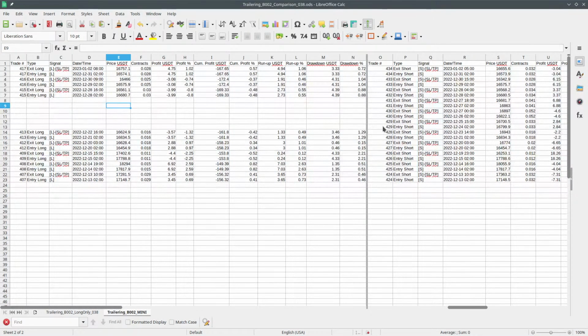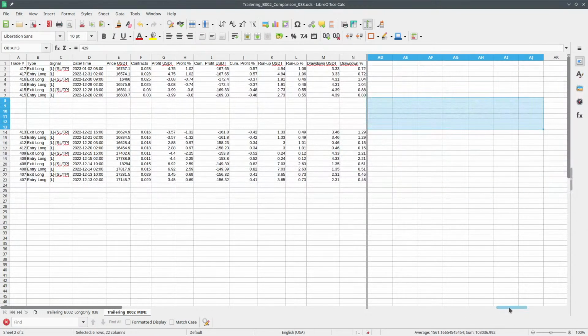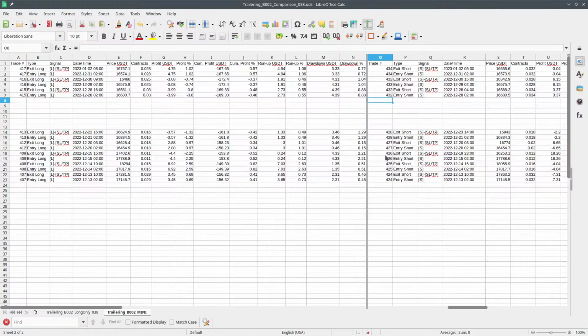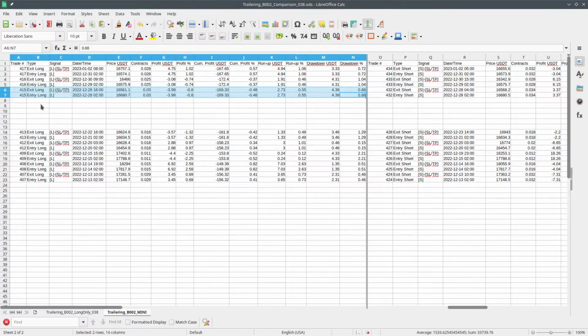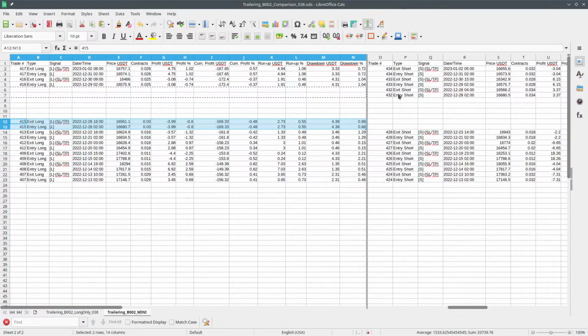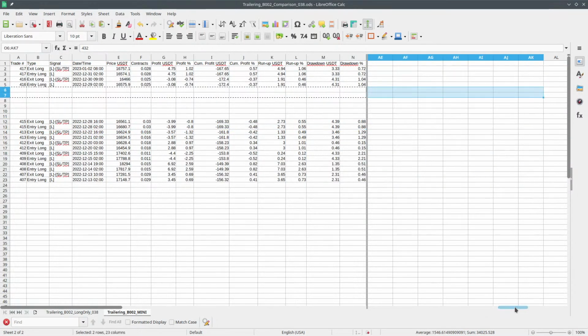What about 28? Yeah, so we can remove all of this. Okay, so we can move this downwards. At the same time we can move this downwards.